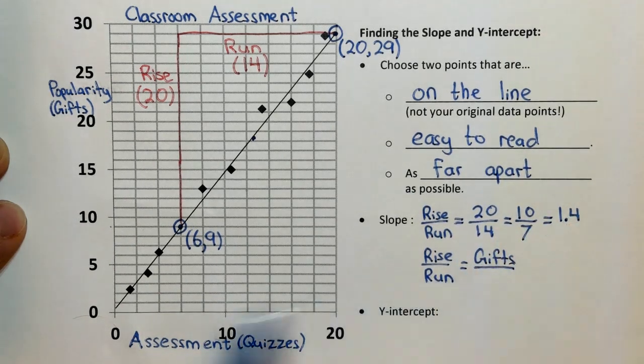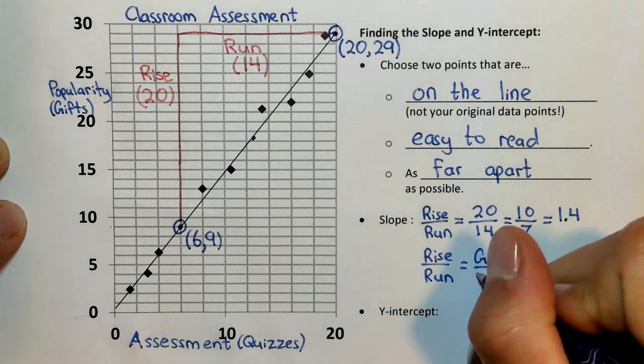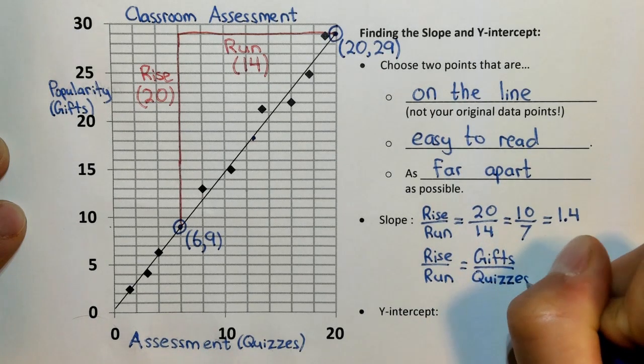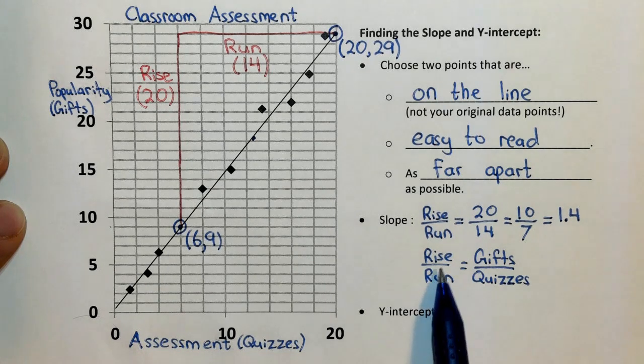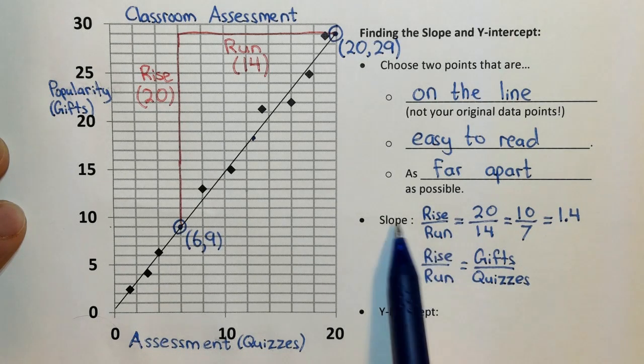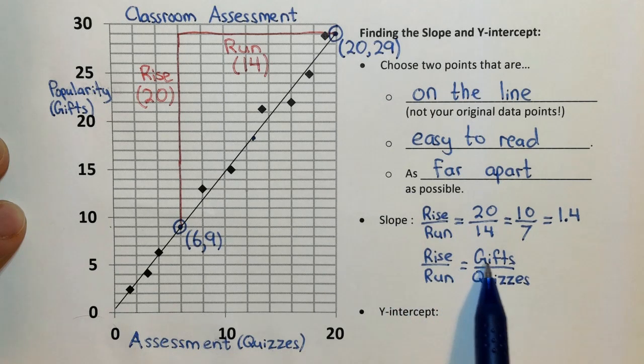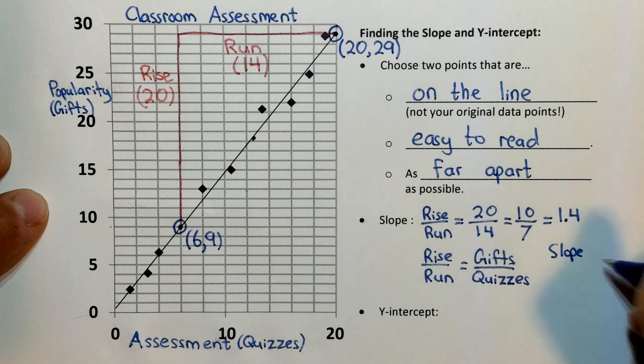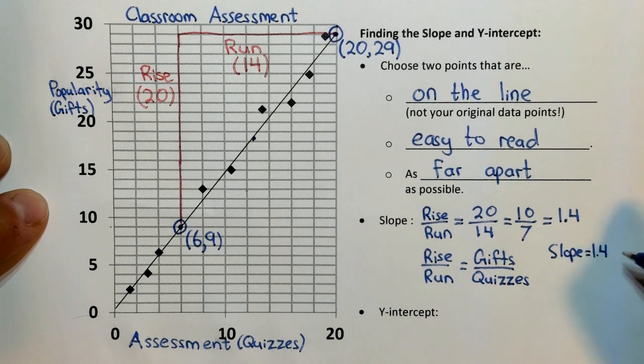And the units of my run, along my x-axis, should be quizzes. So that means my slope, my rise over run, has units of gifts divided by quizzes, or gifts per quiz. So putting this all together, I can say my slope is 1.4 gifts per quiz.